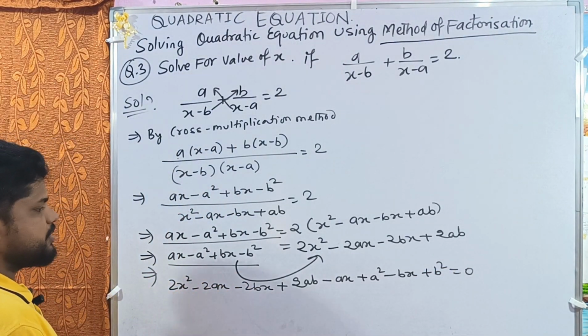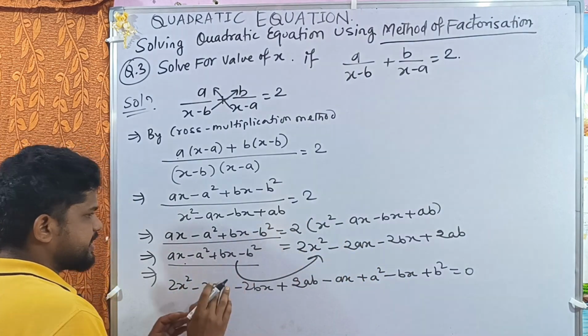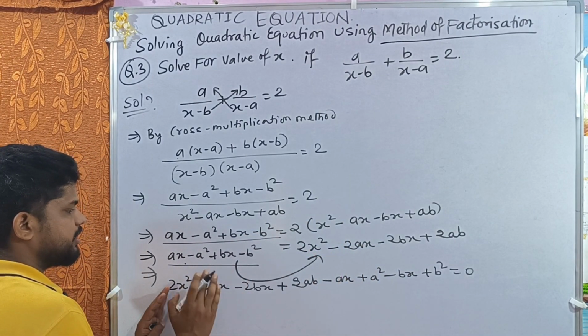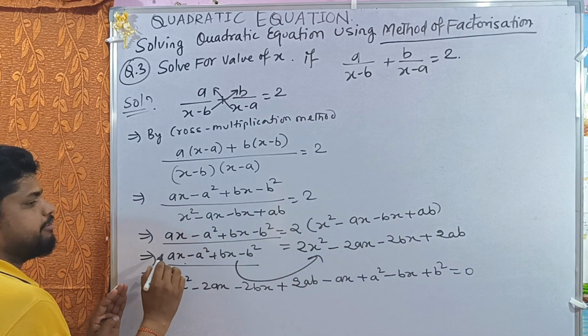Dear students, since we have shifted to that side, we can rewrite this by writing this first, and since we have shifted to that side, all the signs will be changed.